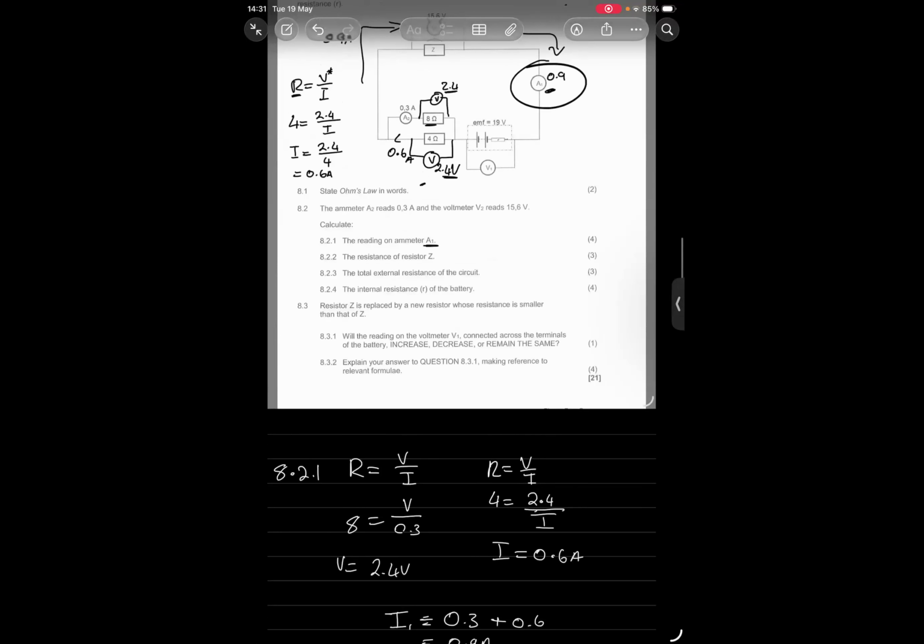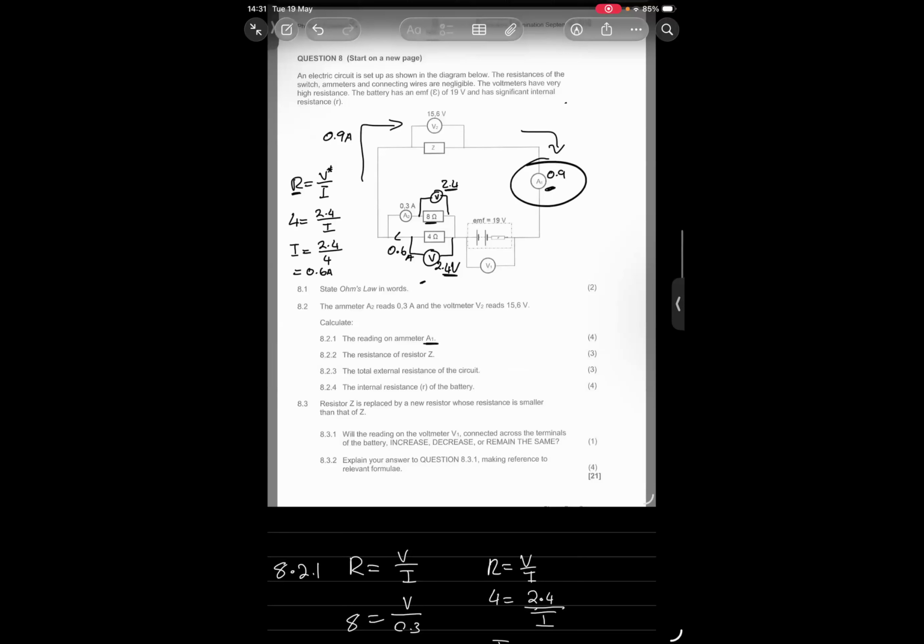So, resistor Z is replaced by a new resistor whose resistance is smaller than Z. Will the reading on voltmeter 1 connected across the terminals of the battery increase, decrease, or remain the same?